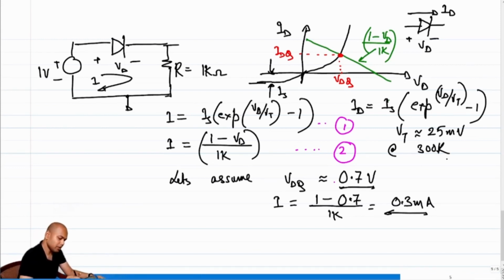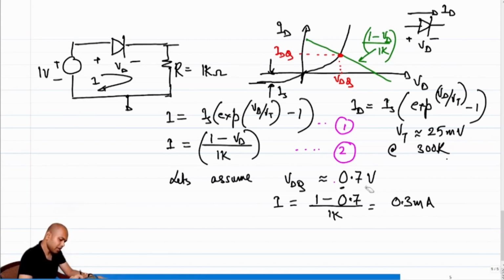But you should always keep it at the back of your mind that it's not as if there is a cutting voltage where before 0.7 volts a diode is off, and after 0.7 volts a diode is on, because clearly your ID-VD characteristics don't point to that. So this is an approximation that we take.